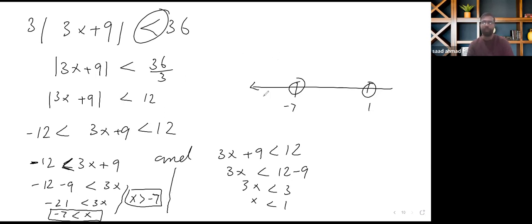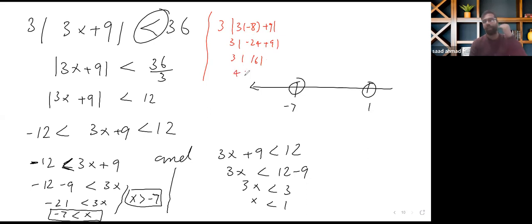Now let's check them. Let's check this point from here. Let's say we try -8. The absolute value of 3 times -8 plus 9. 3 times -8 is -24 plus 9, that is -15, and 3 times 15 is 45. Oh, not 45, sorry, 48. Yeah, so that's 48.